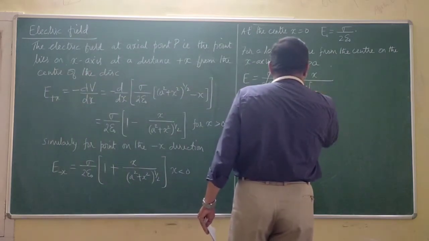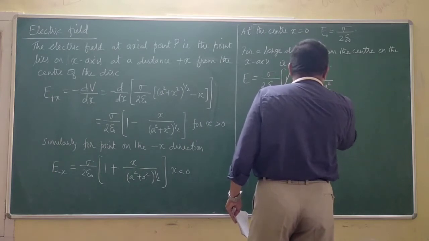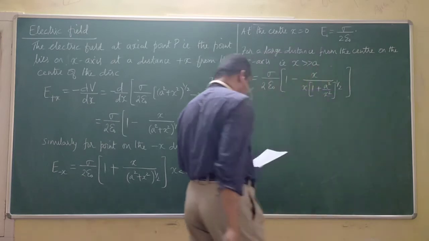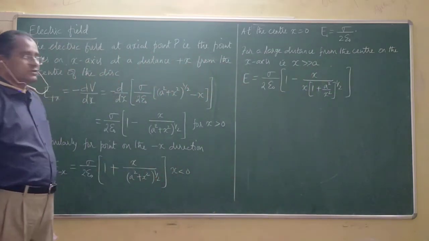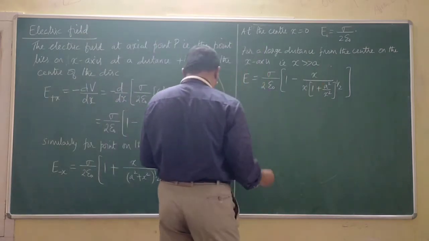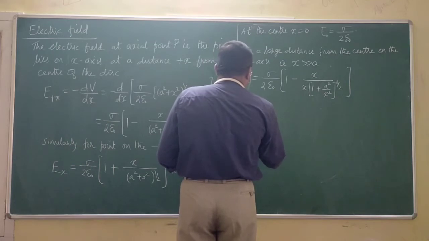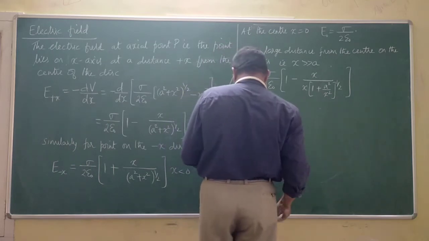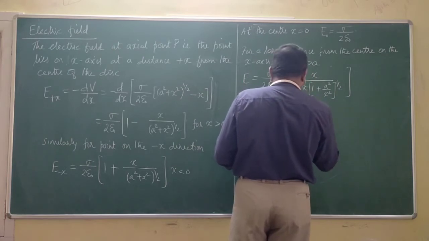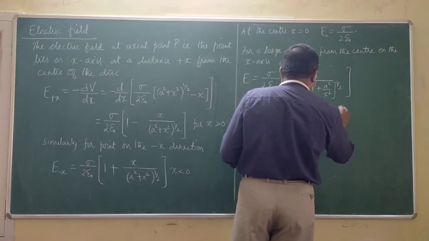Therefore, x 1 plus a squared by x squared whole raised to the power of half. I suppose you are able to follow this. Fine. x can be struck off to get sigma by 2 epsilon naught 1 minus 1 upon 1 plus a squared by x squared whole power half.